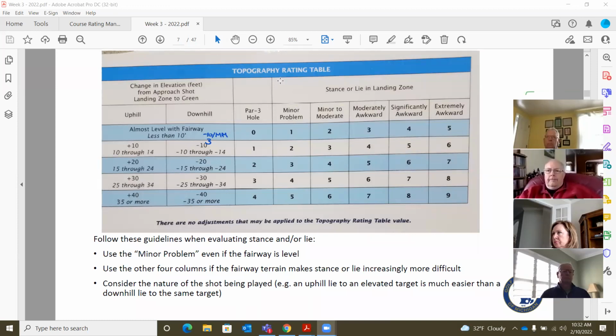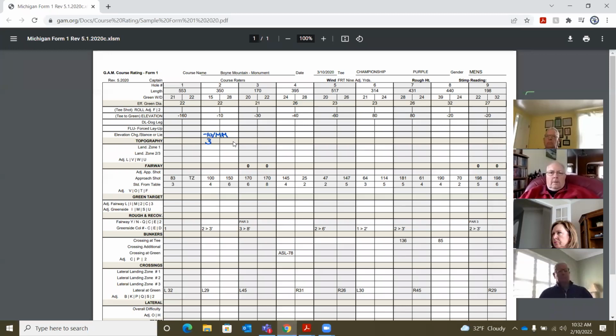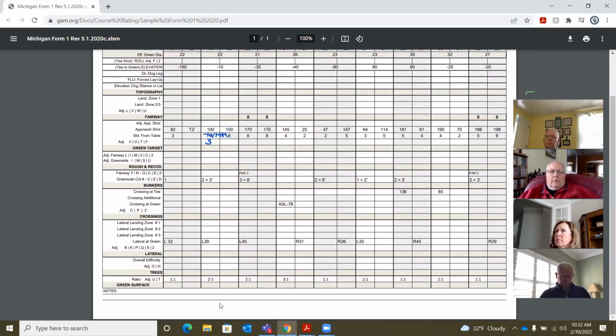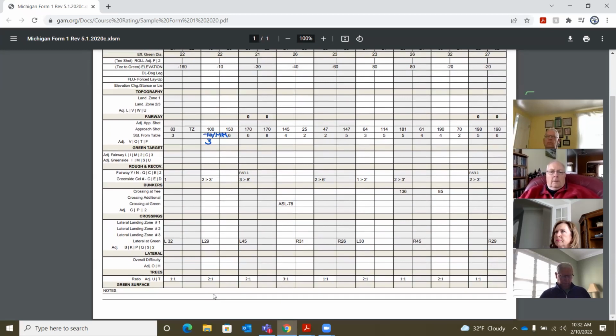Yeah, there's a question about multiple shot holes. On the Form 1, there's really not a way to record it on a multiple shot hole, unfortunately, because we're at limited space here. So if you did have two different things, you might write them down here at the bottom in the section here.